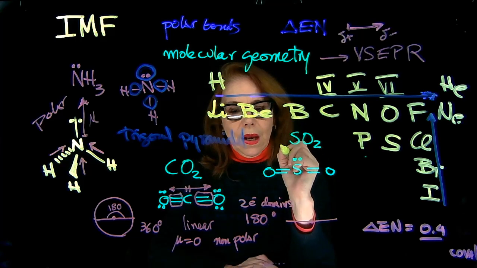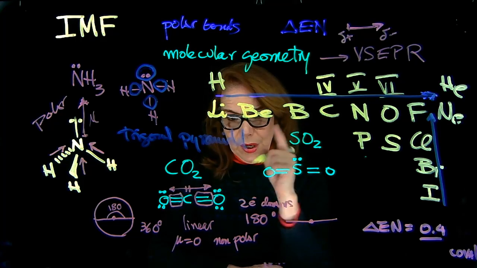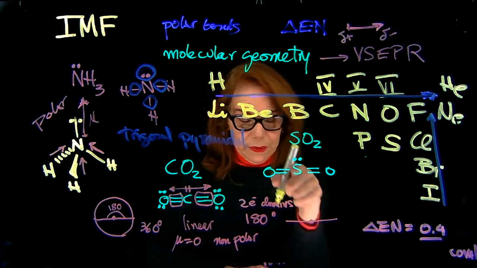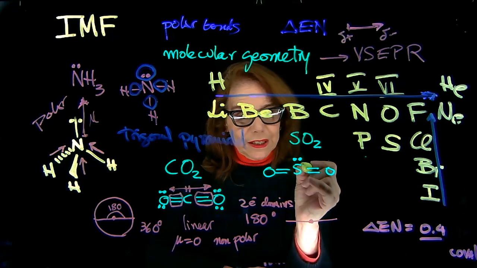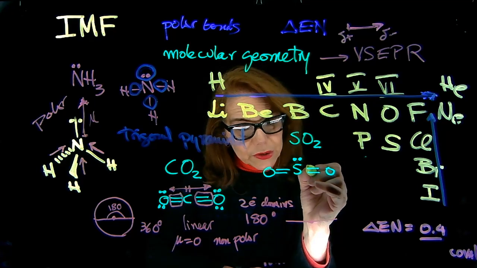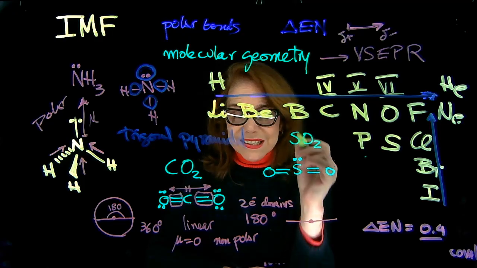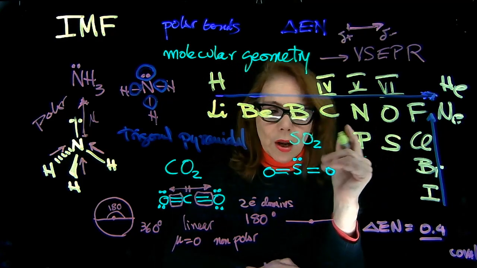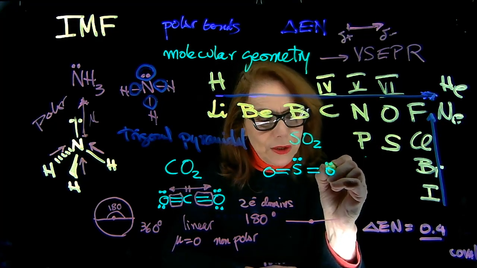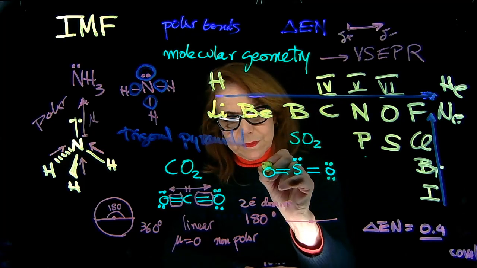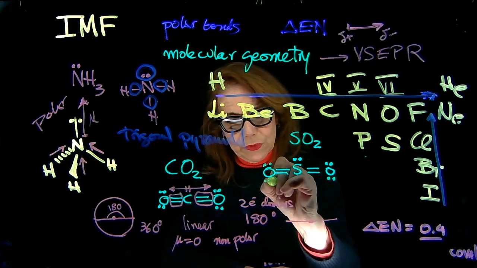Different from carbon, here we didn't have a lone pair, here we do. Total number of electrons: if you think each of these bonds is 1, 2, 3, 4, 5, 6 electrons coming from the sulfur. And now I'm going to do the lone pairs of the oxygen. Now that is a Lewis structure.